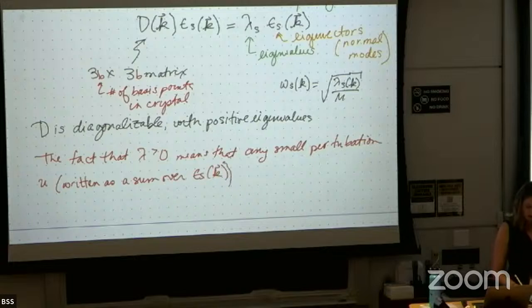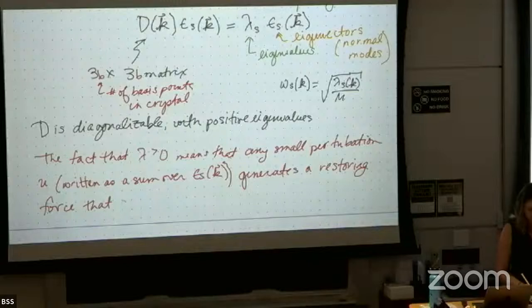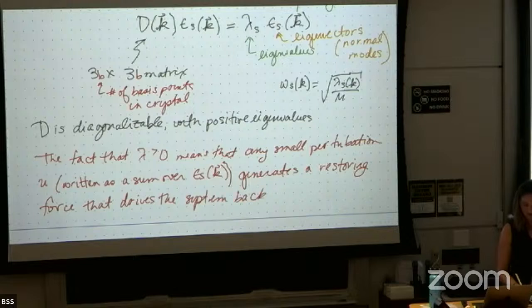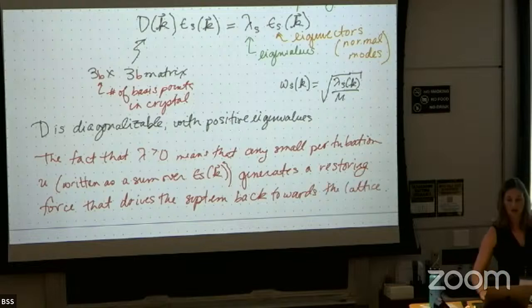Any perturbation generates a restoring force that drives the system back towards the lattice points. So this is the Ashcroft and Mermin answer. If you say, why is a solid rigid?